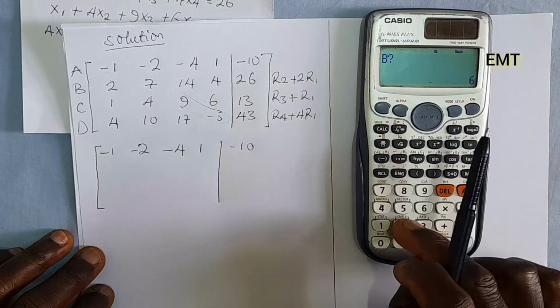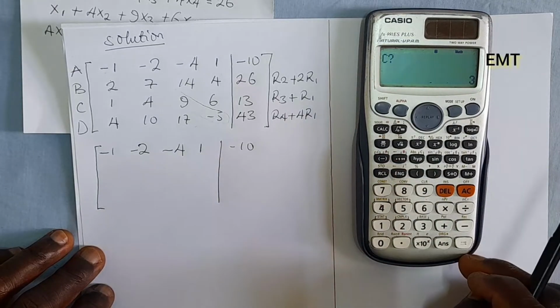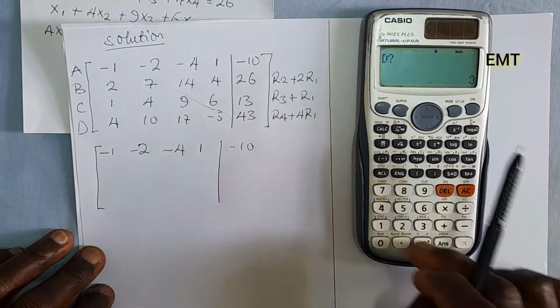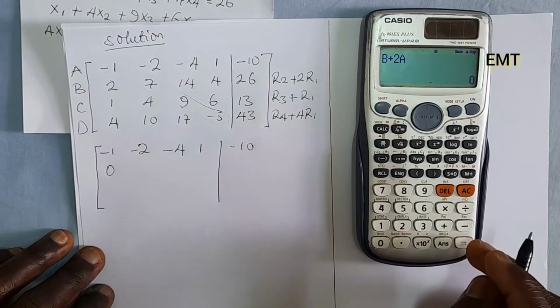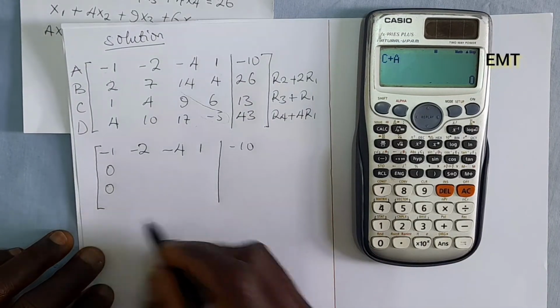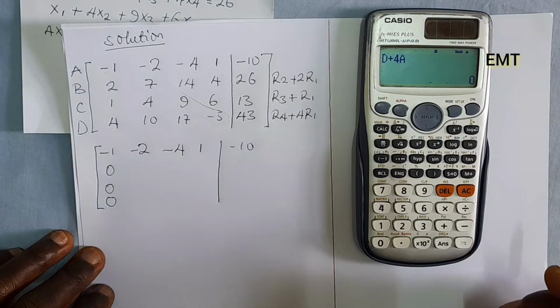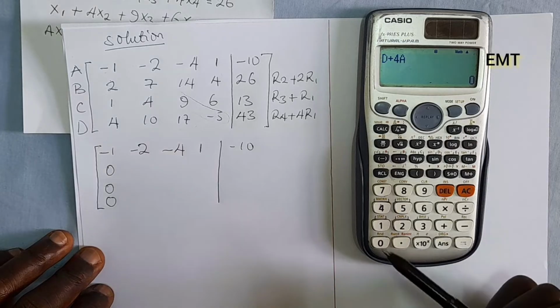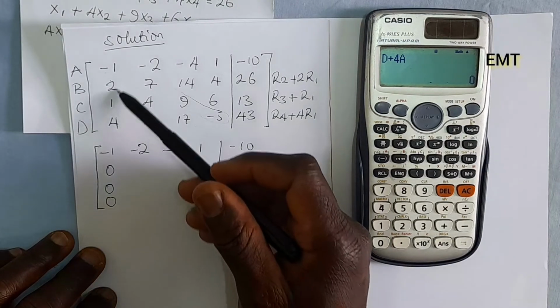So B we said is 2, A we said is -1, C is 1, D is 4. So we have 0 for B, 0 for C, and 0 also for D. Of course, we had already known that it will give us the zeros, but for the sake of confirmation, we had to test it and see. And that was why we had to enter it in the calculator.